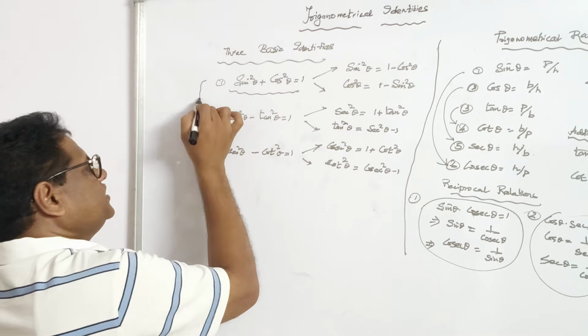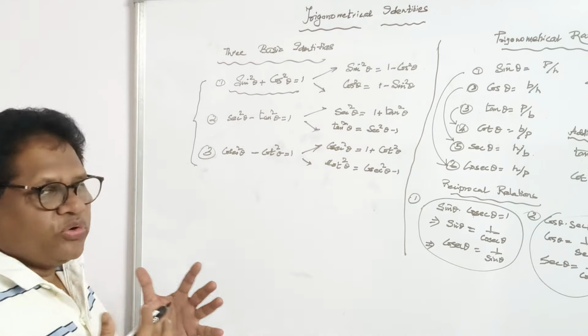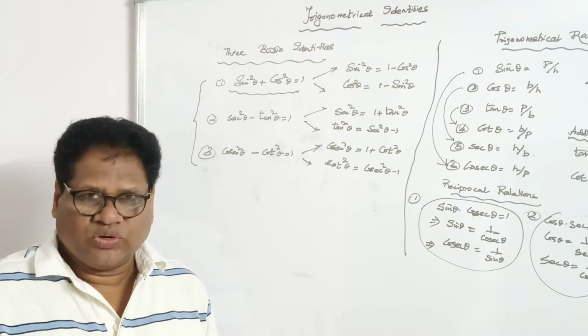These are the three basic identities and formulas discussed here, which will be applied when you solve trigonometrical identities.